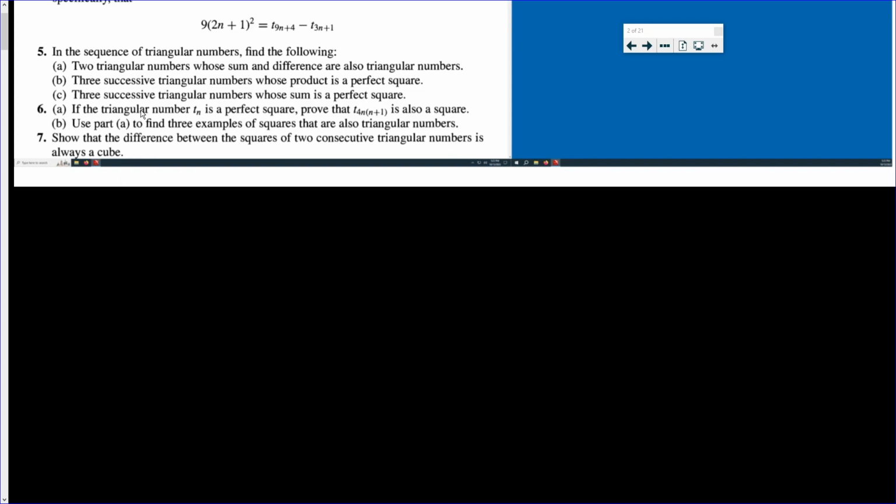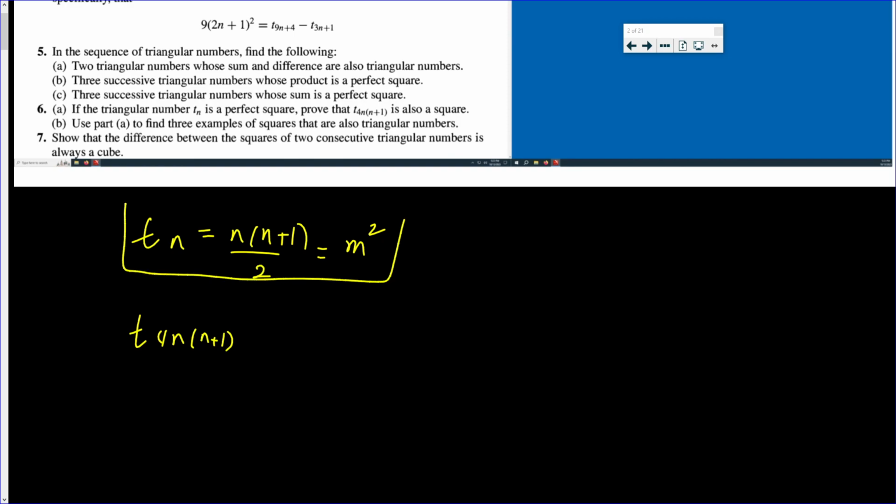Okay. If the triangular number Tn is a perfect square, so Tn is n times n plus 1 over 2, and this is a perfect square, then they're saying that T sub 4n times n plus 1 is also a square.